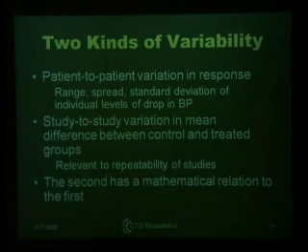That's a completely different kind of variation. And that is the one that really is going to be important for the considerations we will go through in the next few minutes. Okay. Now, the second, study to study, does have a mathematical relation to the first.